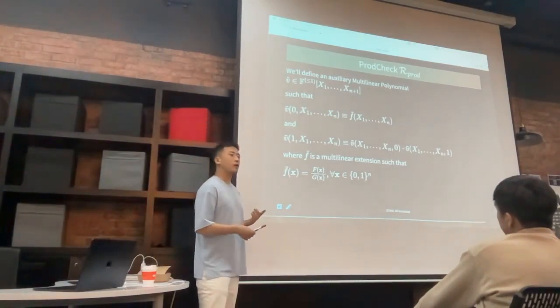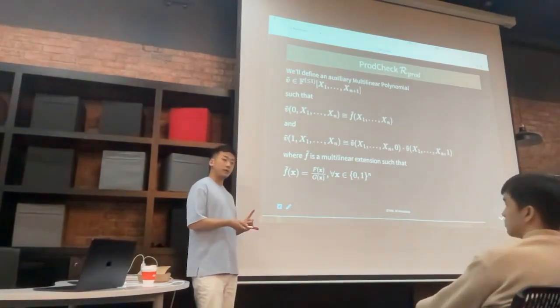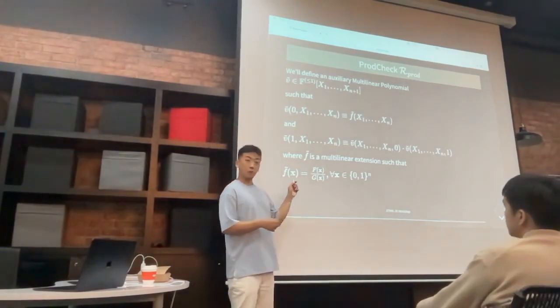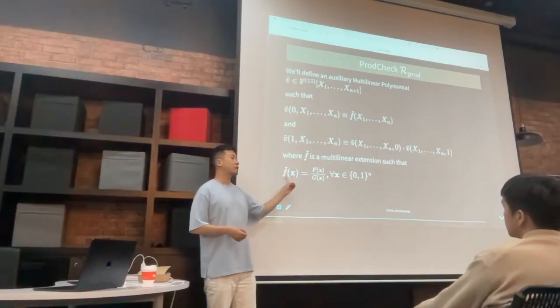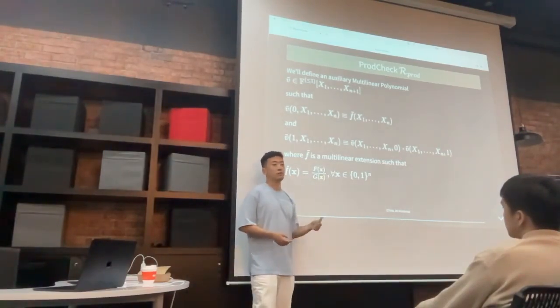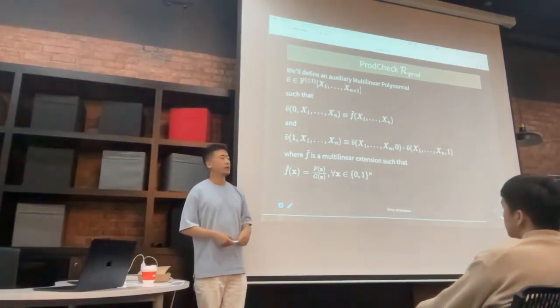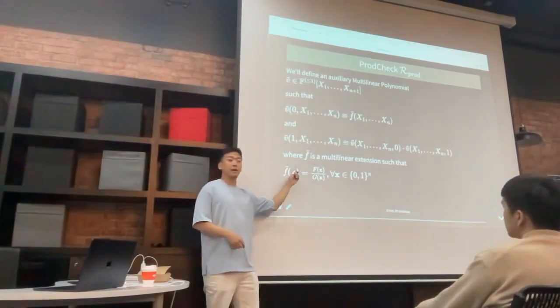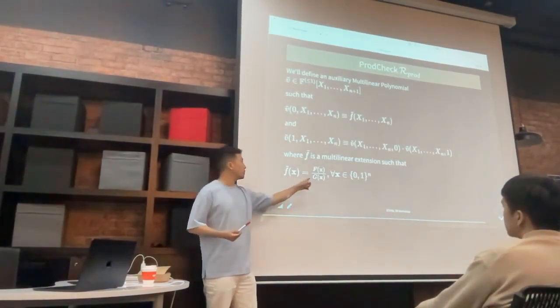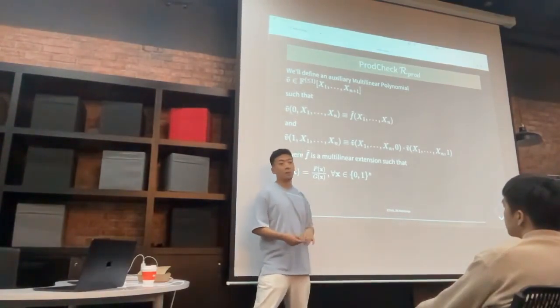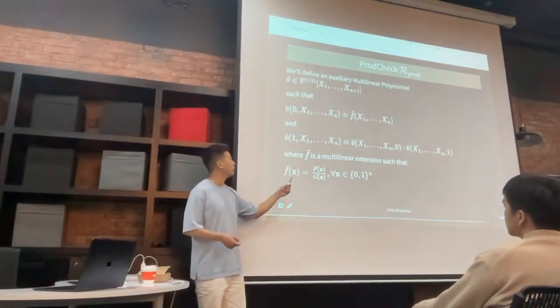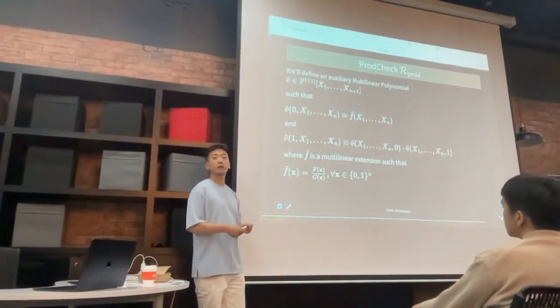The reason we are doing the product check is the permutation check. So we define the f tilde just like this, f of x over g of x. It is just interpolating the same result of f of x over g of x for the given Boolean hypercube. We should be able to interpolate a unique multilinear polynomial.